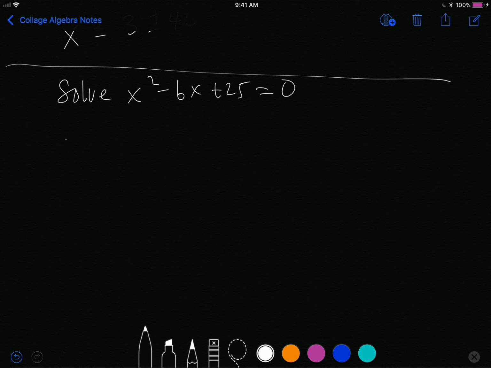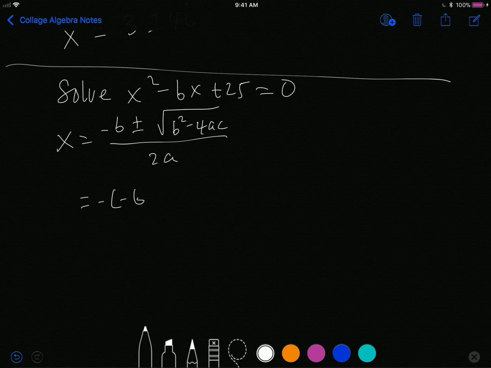And the formula is x is equal to minus b plus or minus the square root of b squared minus 4ac, all over 2a. Plug in, so that's negative 6 plus or minus the square root of 6 squared minus 4 times 1 times 25. Oh my goodness, that's huge.